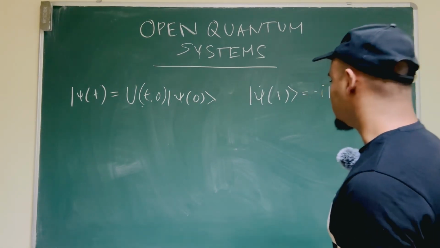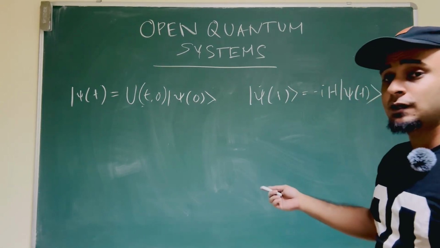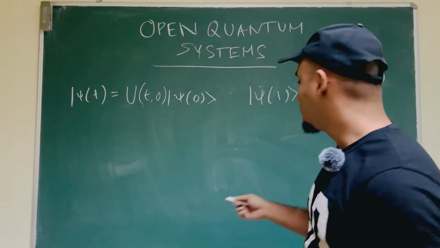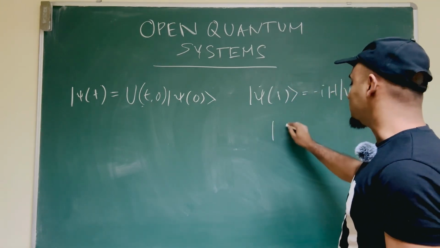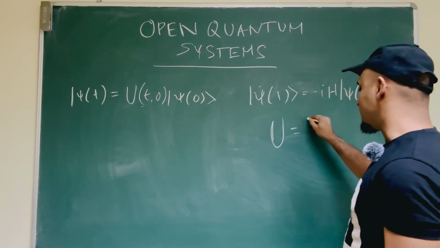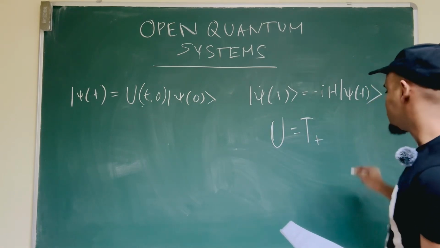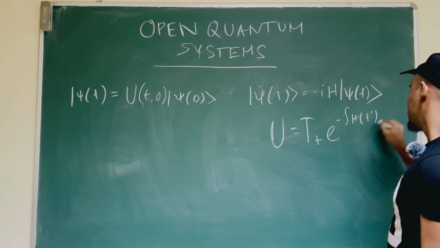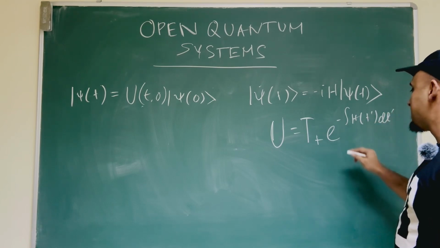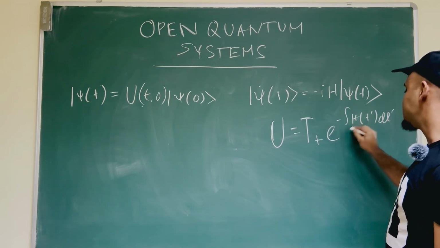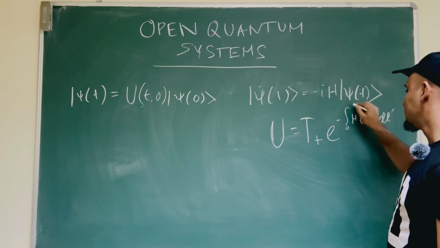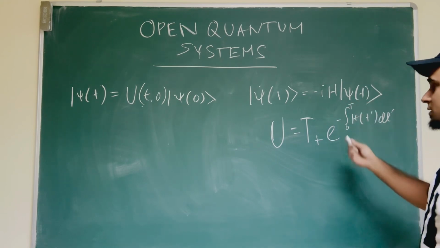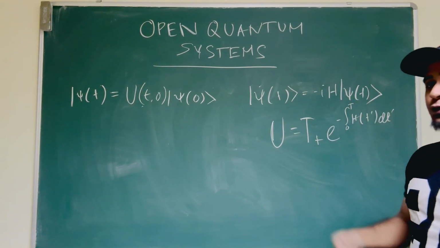We learned that if the Hamiltonian is time independent, then we use this unitary operator, which is the Dyson time ordering, T plus of e to the power minus i h t prime dt prime, where t prime goes from 0 to t, whatever time we're going to take the evolution to.